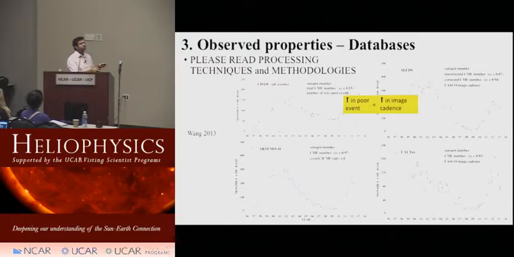Once you've removed all these poor events, things stabilize and you get something more like what we're thinking, which is that, in this catalog, once you've removed the poor events, the CME rate actually decreased in this solar cycle.